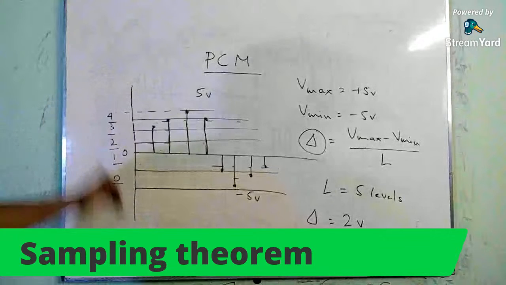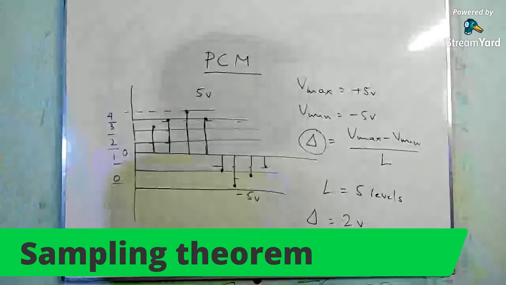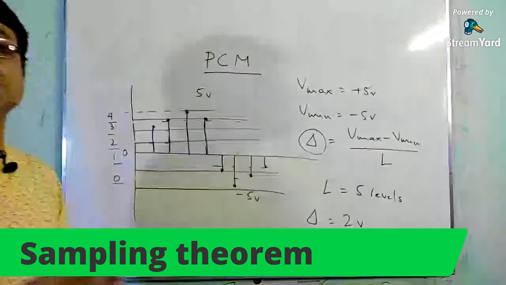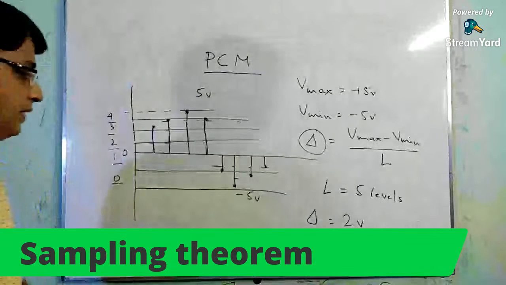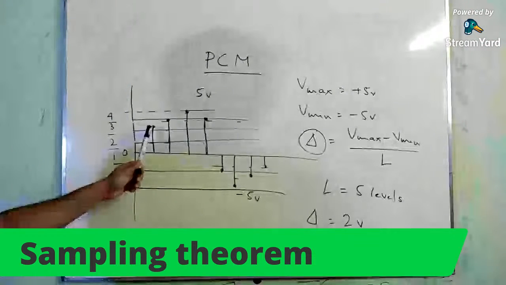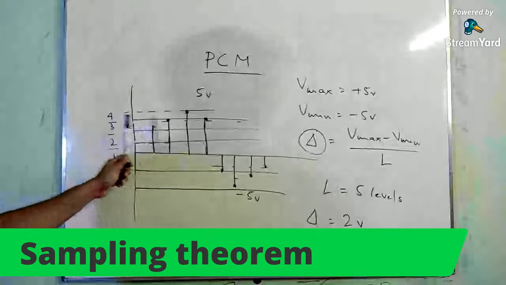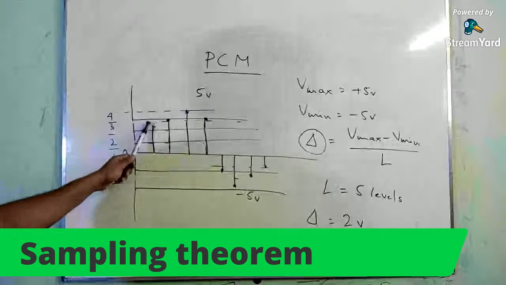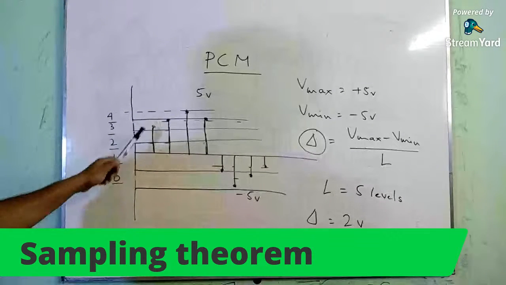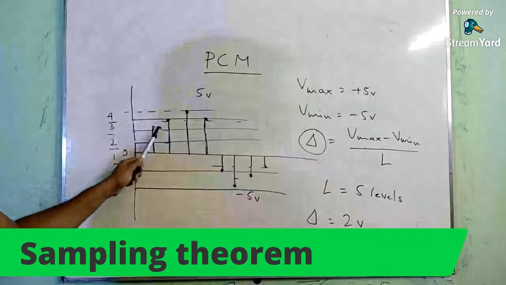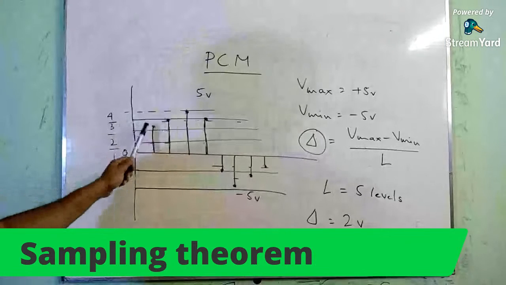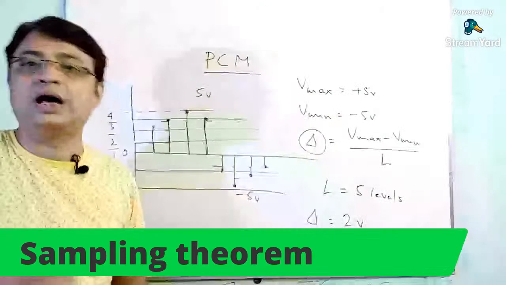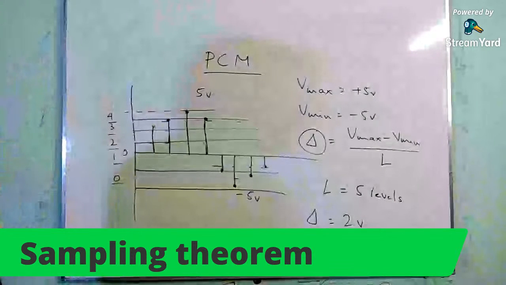Okay, now we have to consider in which zone these different values are situated. For example, let us take this first value. So the first value lies in the fourth zone. This is 1, 2, 3, 4. So this is the fourth zone where the first value lies. After that, the second value. Here you may consider that the second value also lies in the fourth zone. Okay.